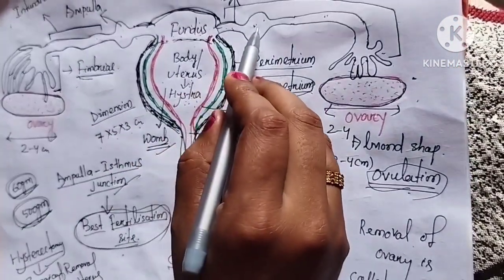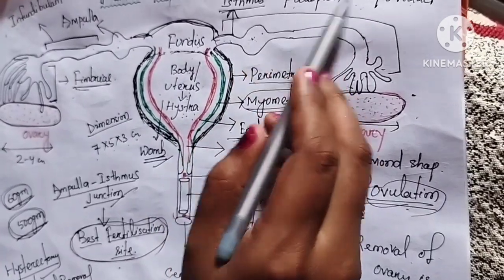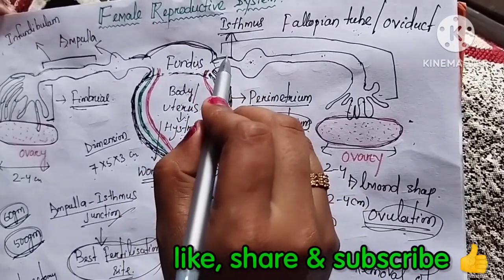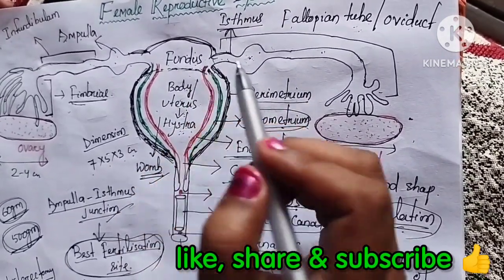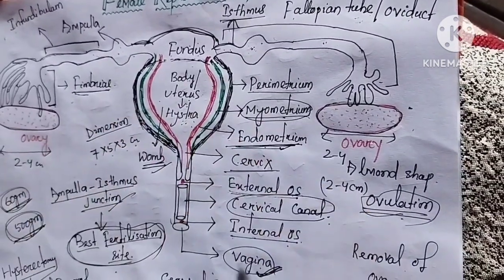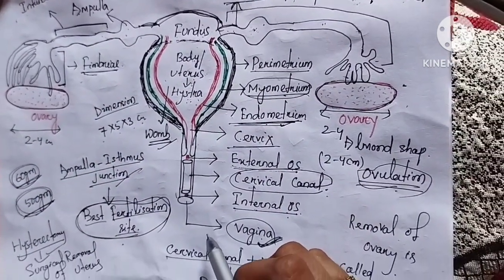The ampulla is the wider part of the fallopian tube. The isthmus is the last part of the oviduct. This is all about the structure of the female reproductive system.